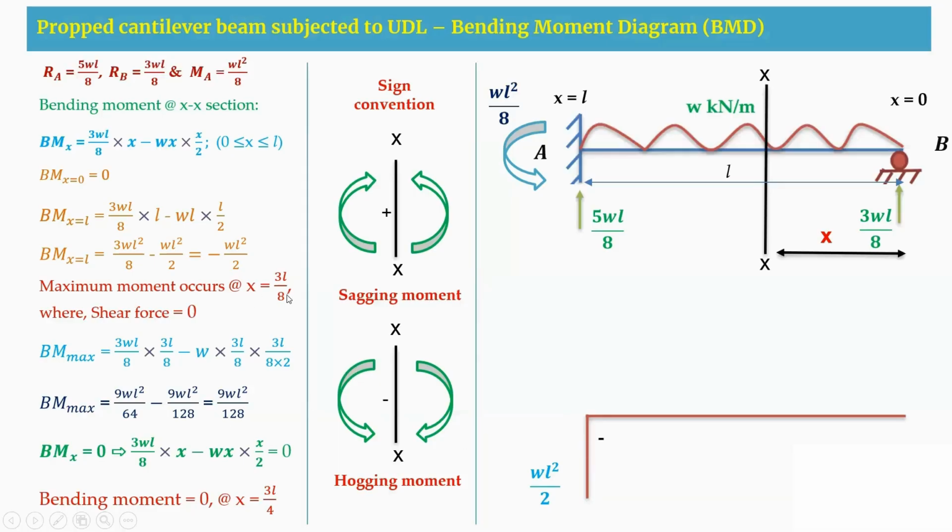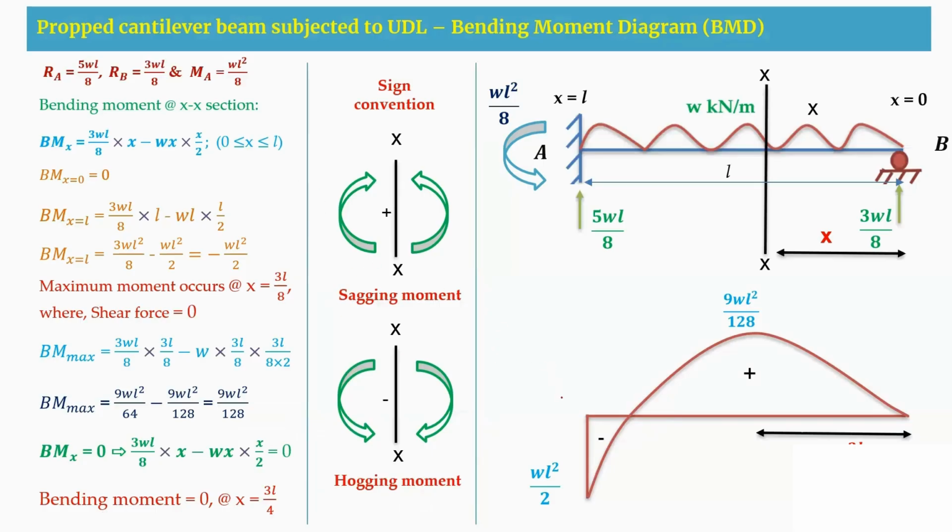And at X is equal to 3L by 8, I am having a positive moment of 9WL square by 128. So this is a positive moment. Again, at X is equal to 3L by 4, I am having the moment to be 0.